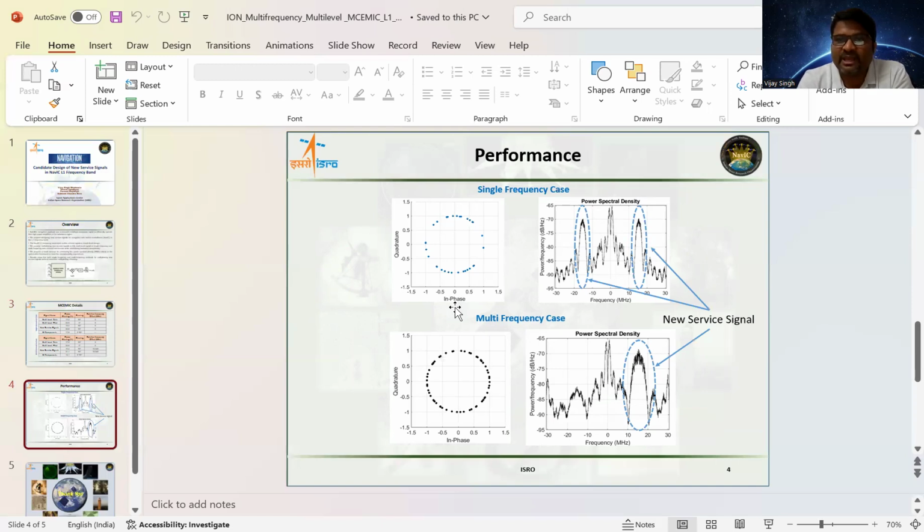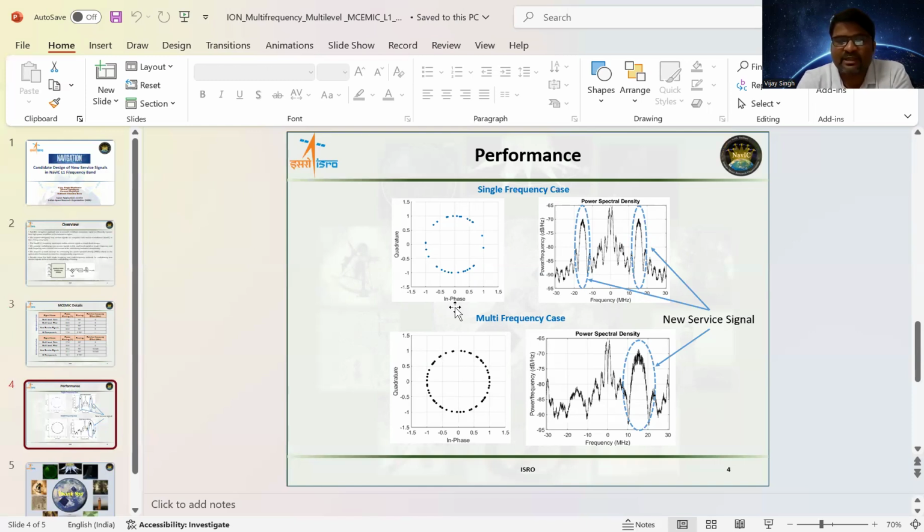As we can see, for the single frequency case the PSD is symmetrical over the DC axis, the zero frequency axis. For the multi-frequency case, the overall spectrum is asymmetrical with respect to the center, because the number of constellation points differs: the multi-frequency case has more constellation points compared to the single frequency case.